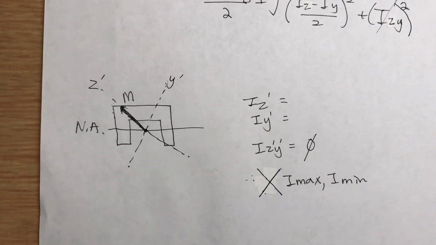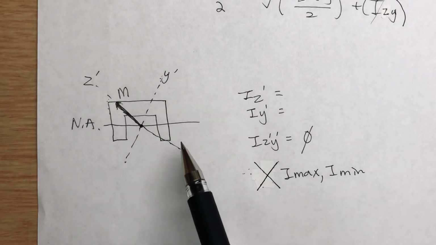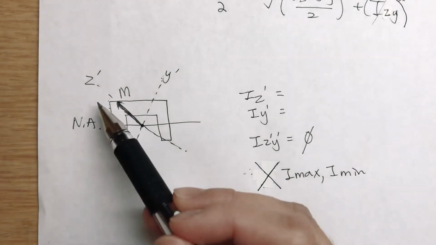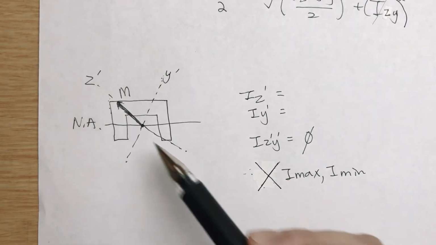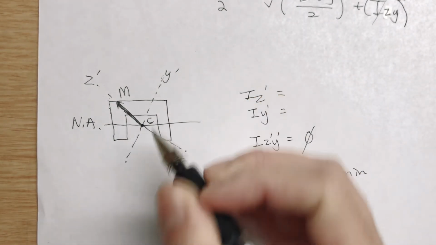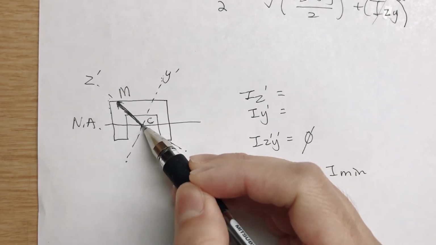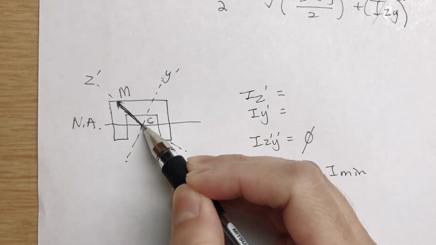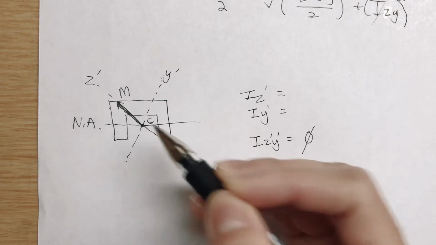However, let's look at the same cross-section, but let's look at a different axis. This axis also goes through the centroid. It's a centroidal axis, but it's not a principal centroidal axis.